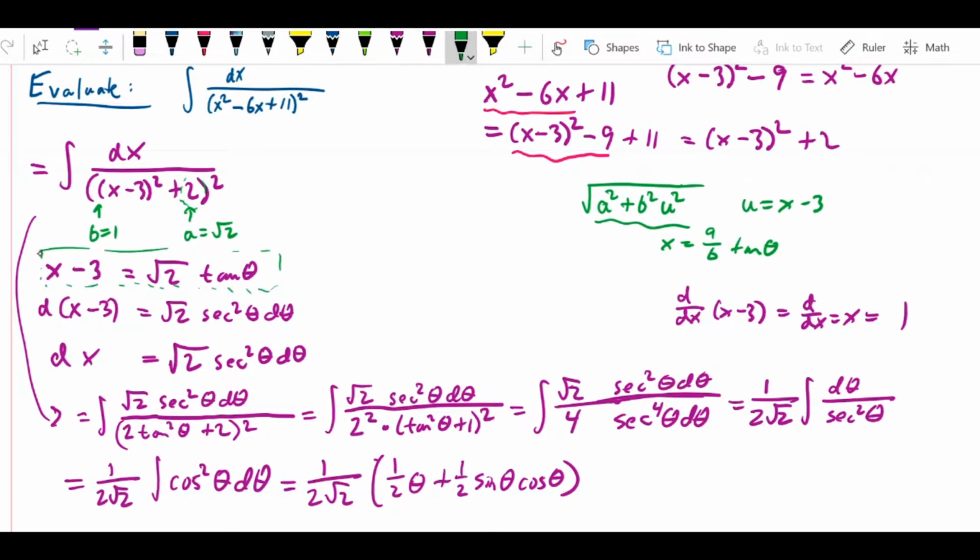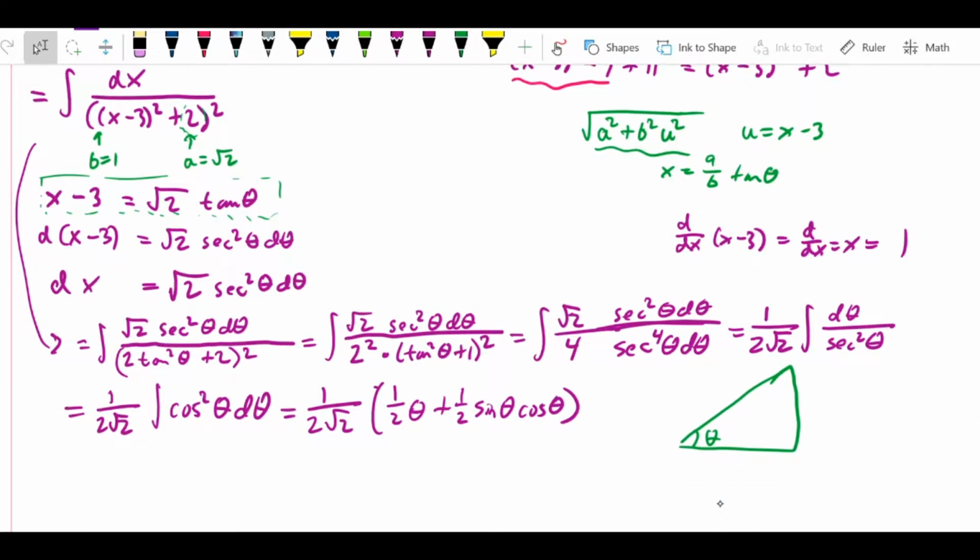x minus 3 equals root 2 tangent of theta. So when I draw a triangle, keep this in green for a little variety, I can rewrite this equation as x minus 3 over root 2 equals tan theta. So that's the ratio of the opposite to the adjacent.